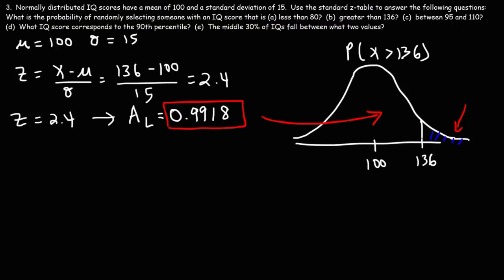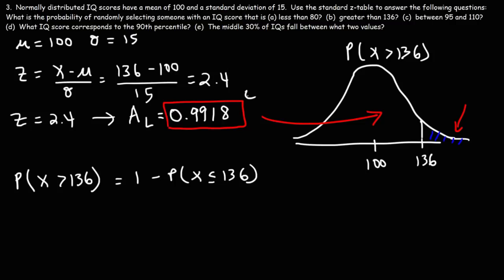Keep in mind the total area is 1. So the probability that x is greater than 136 is going to be 1 minus the probability that x is less than 136. Or you could say less than or equal to, because it's going to be the same.